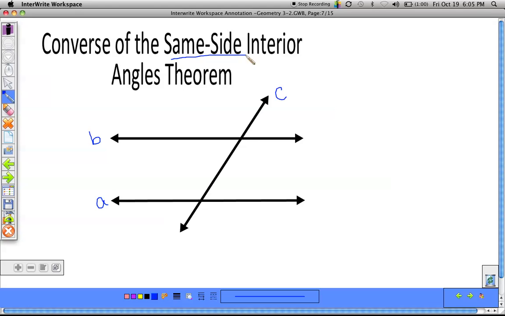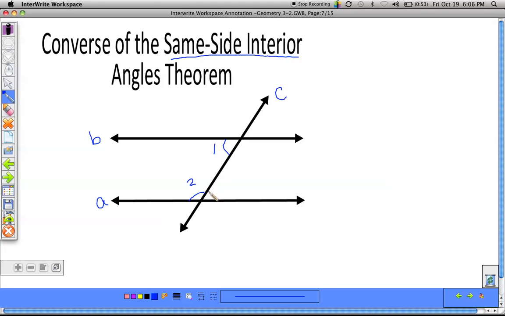So with same side interior angles, we're looking for angles that are on the same side of the transversal and again in between A and B. So angle 1 and angle 2 would be same side interior angles, and it's pretty simple to look at this and see that those two are going to be supplementary and not congruent.